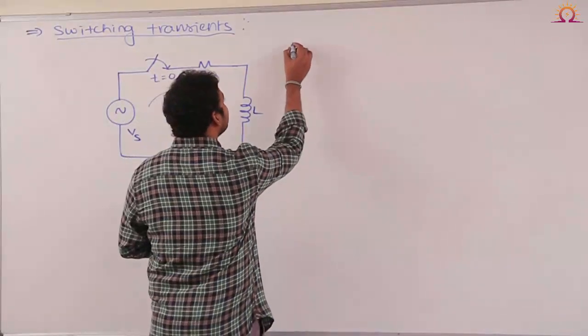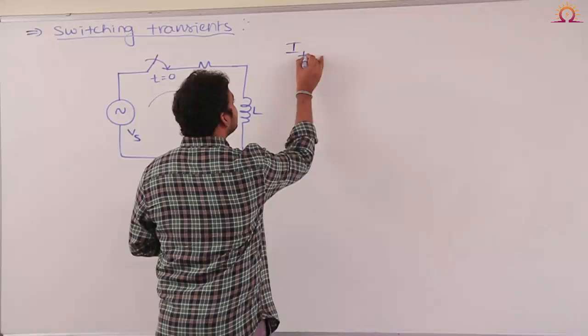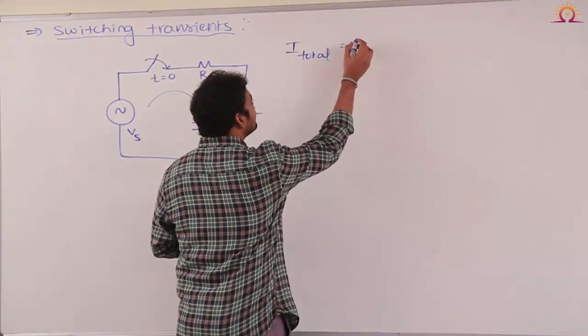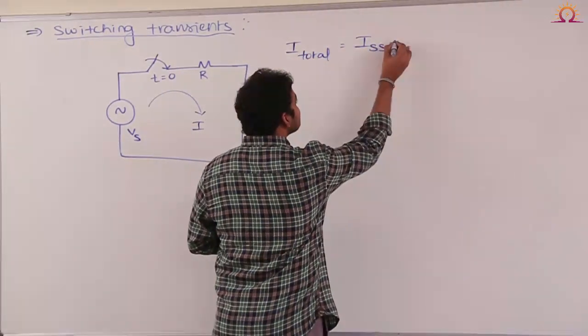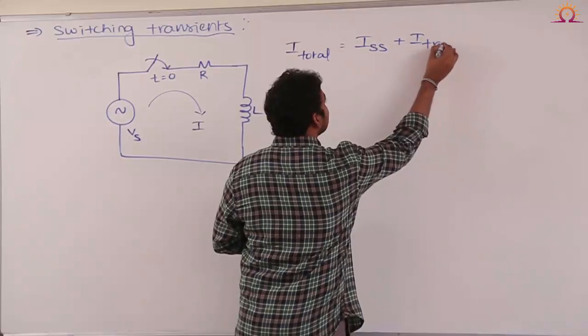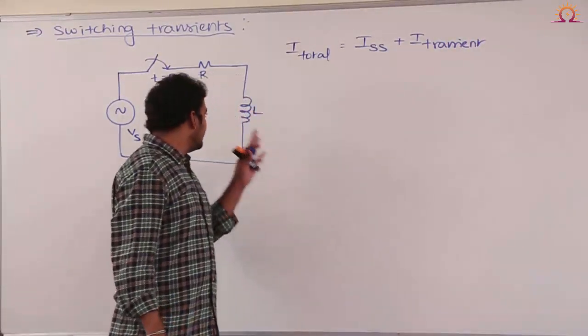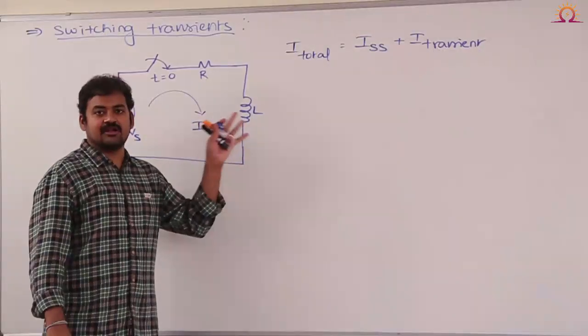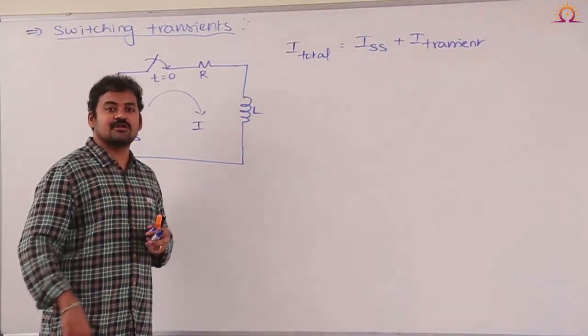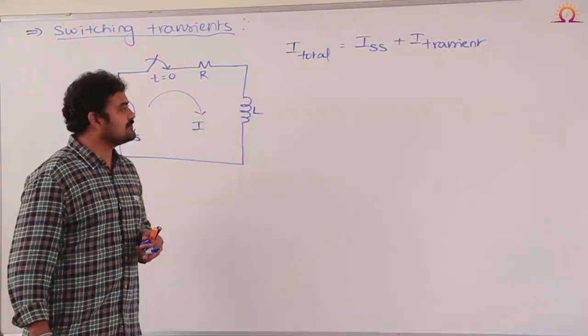So I can write the total current i equals the steady state current plus the transient current. Yes or not? For any RL, RC or RLC circuit, when you switch on, a transient comes into the picture.